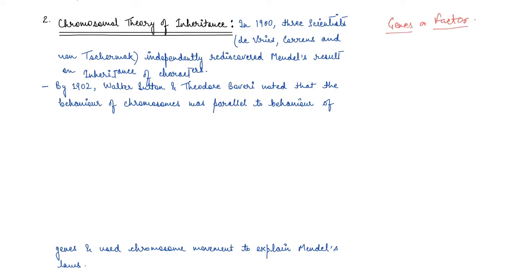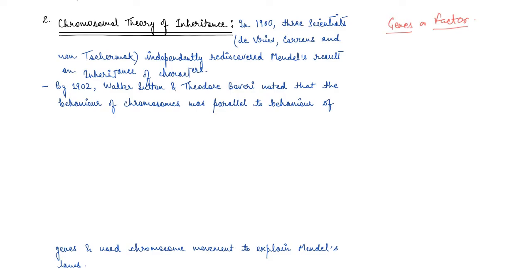So his concept of gene or factor, the discrete unit that controls the expression of a trait, or maybe of the pair of alleles which the gene has, was not accepted. The third point was that Mendel's approach of using mathematics to explain biology was very new, and again the biologists said that they do not accept it, right?